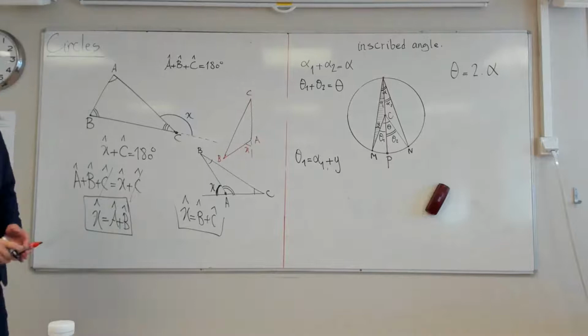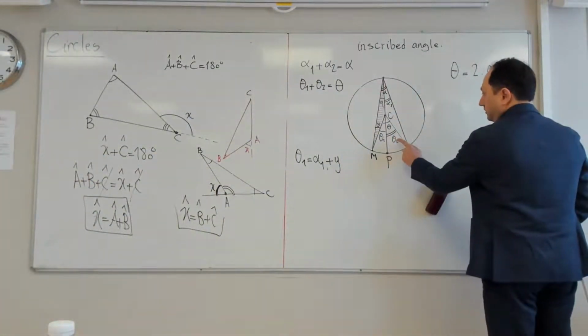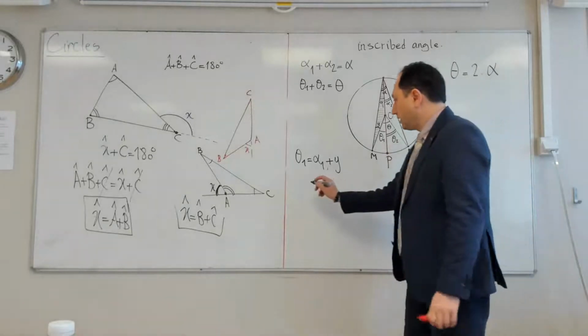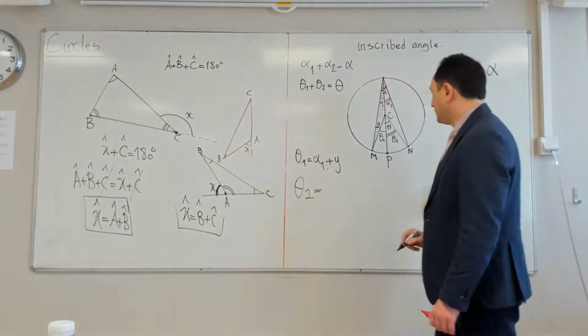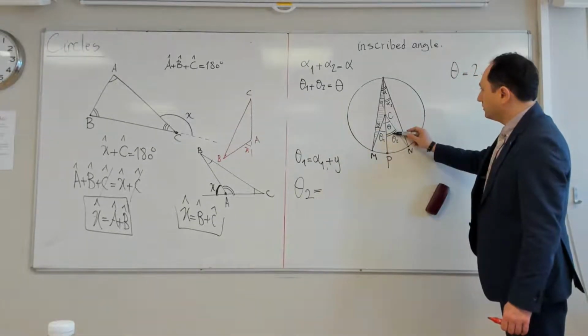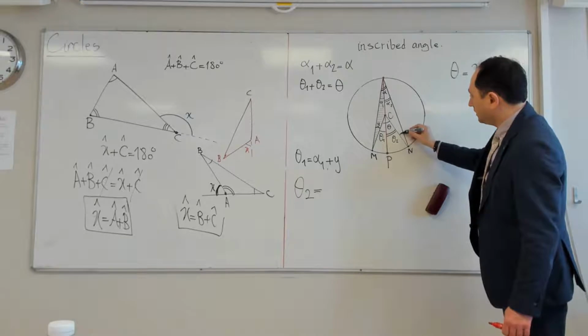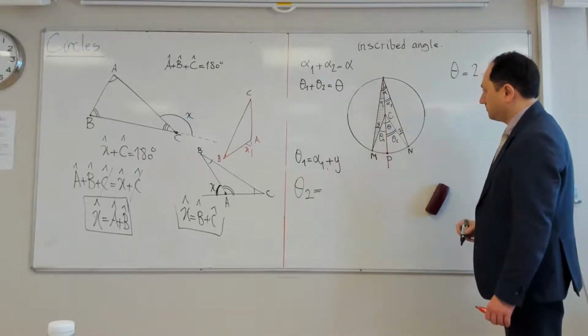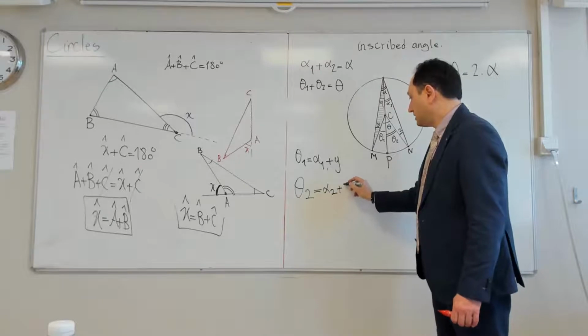Yes? And now I can do the same thing for the other side triangle. What is theta 2? If I ask you what can you write for theta 2, you would say that theta 2 is alpha 2 plus this narrow angle. So let me call it z. So it becomes alpha 2 plus z.